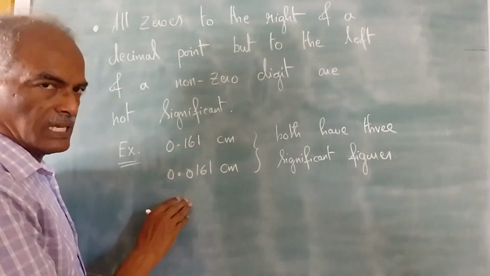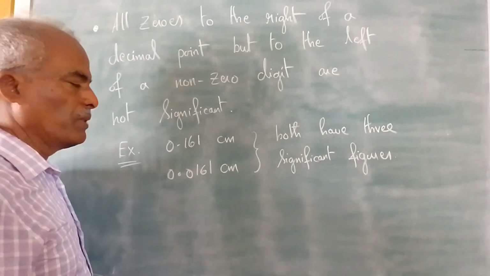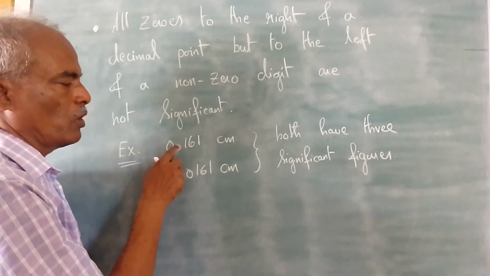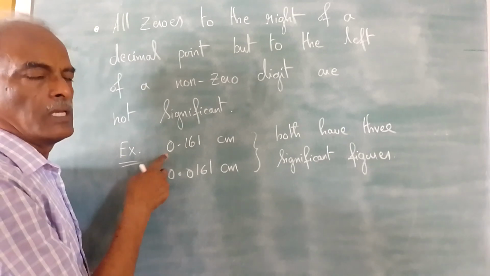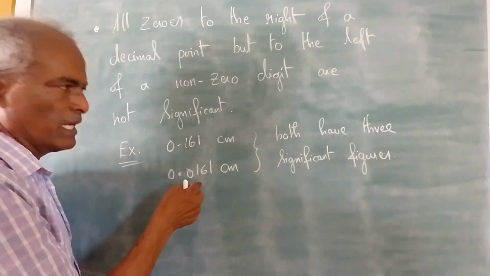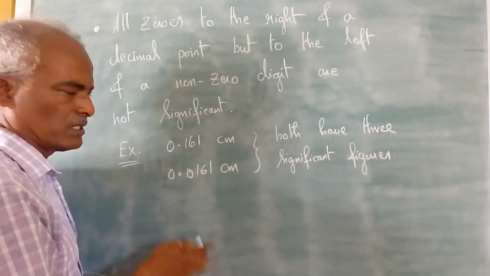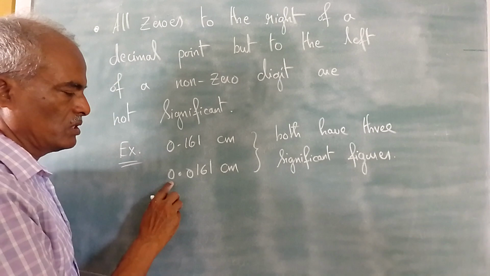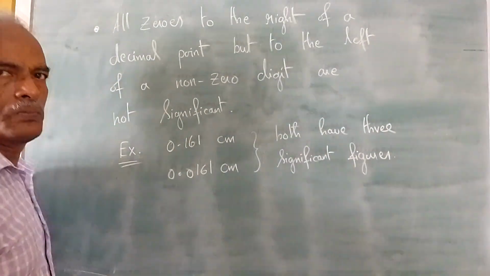If that is the case, these zeros are not taken into account. Very commonly, if it is 0.161, we put a 0 here. Even if that is the case, this 0 is not taken into account. So for both cases, we have only three significant figures. This 0, and this 0 and this 0, are not taken into account. That's the rule.